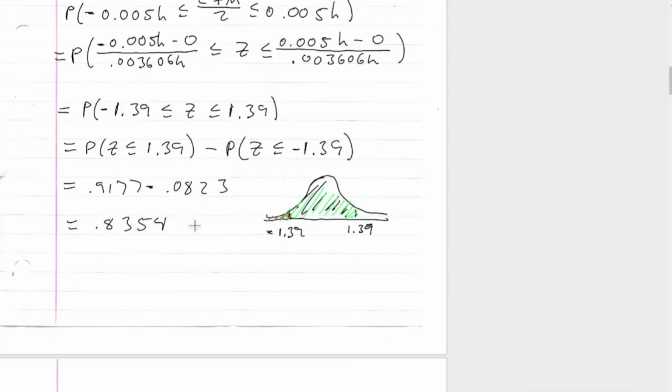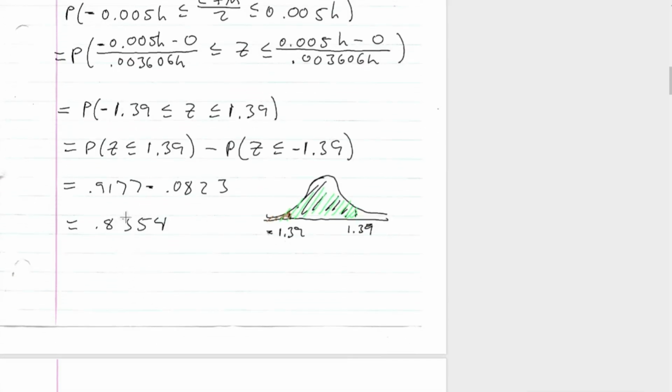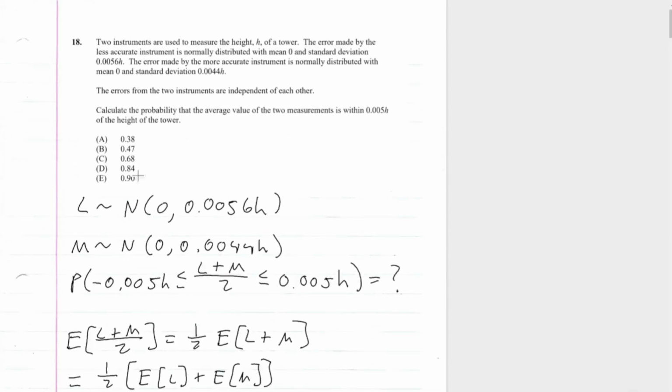So the probability that the average is between negative 0.005h and positive 0.005h will be about 83.5%. So that is closest to our value.